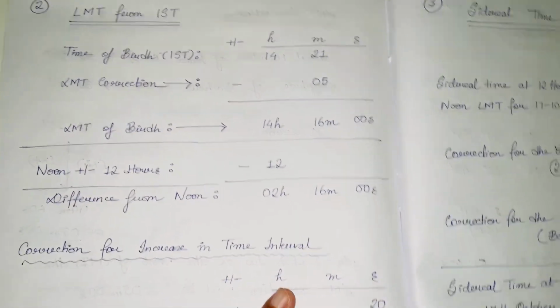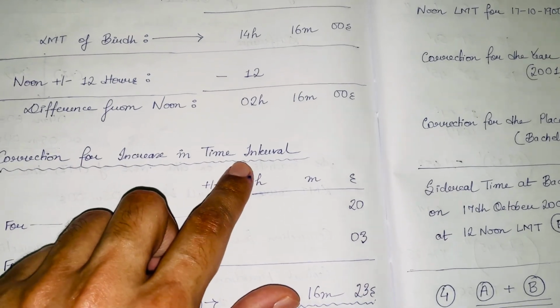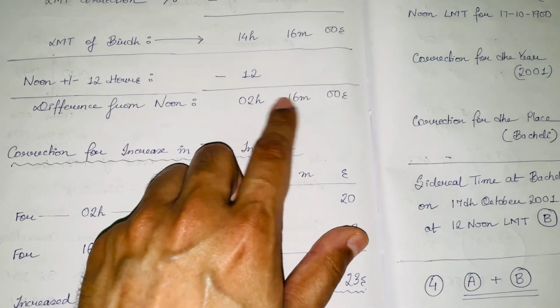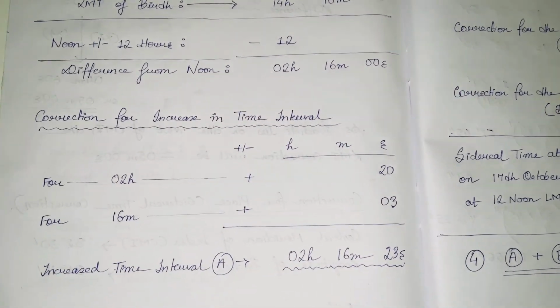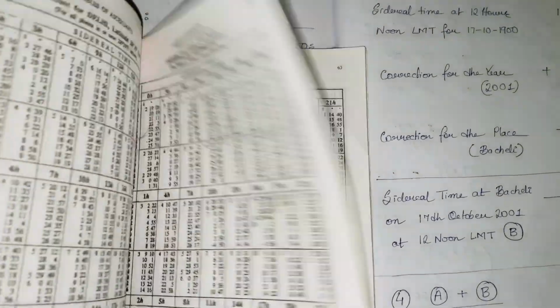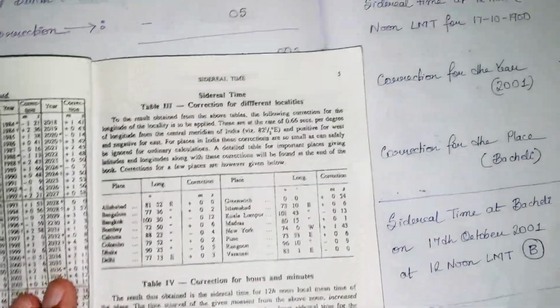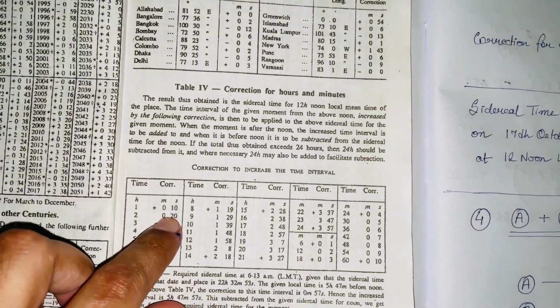Now what is the next step? We are finding out the correction for the increase in time interval, because this is the difference from noon. Now here for 02 hour, what is the correction for the increase in time interval? We are going to the table of Ascendant, page number 5. For 2 hour, the value given is 20 second.